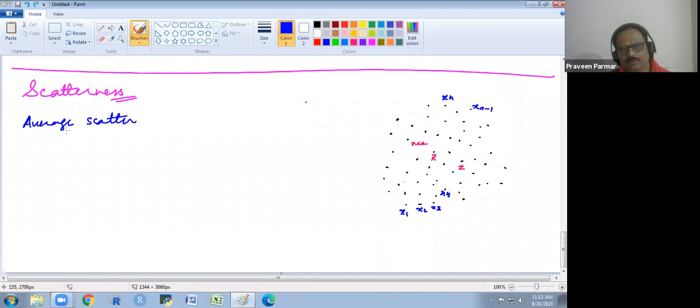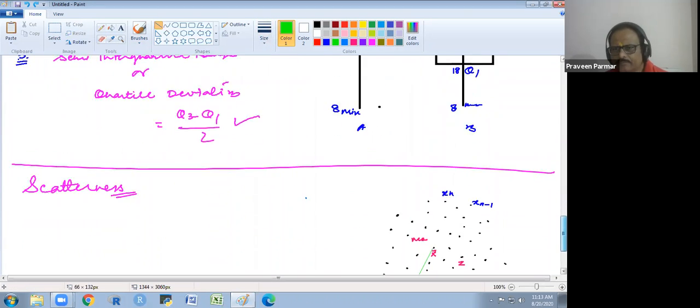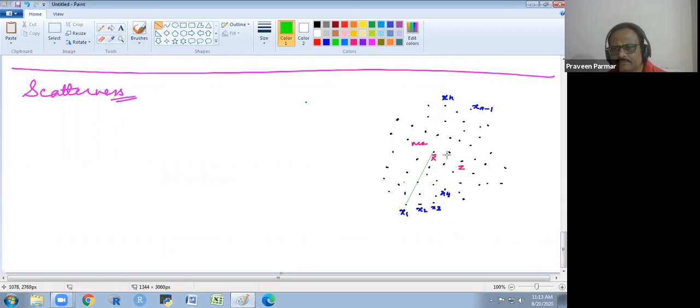Now here what we are doing, we are taking the difference between the mean and x1, then x2, then x3, then x4. In this way, we take the difference up to the end point. We got the n deviations here.